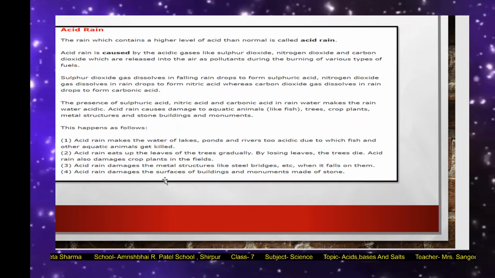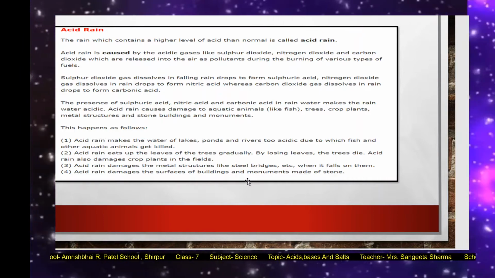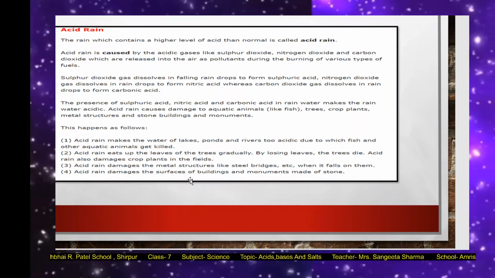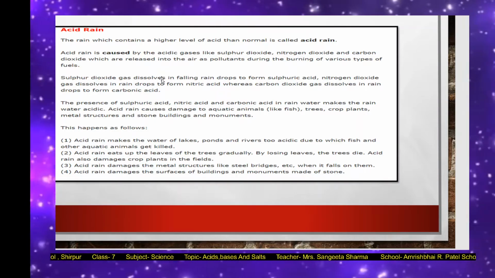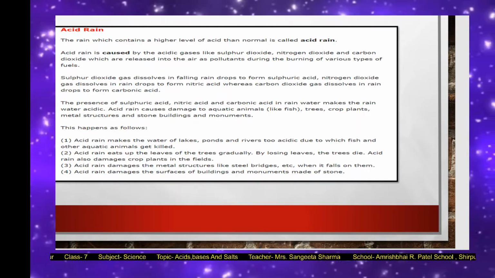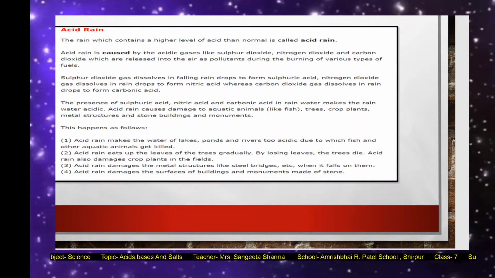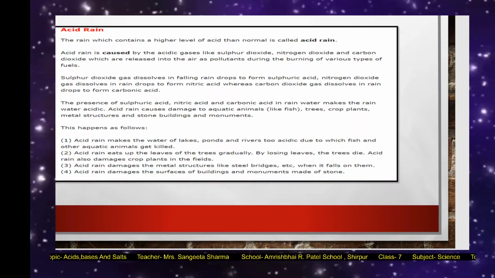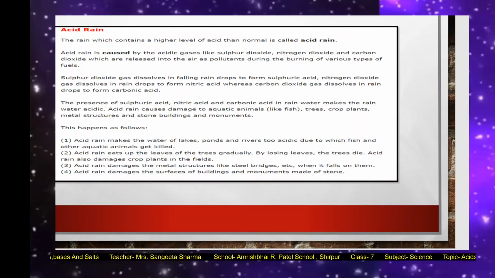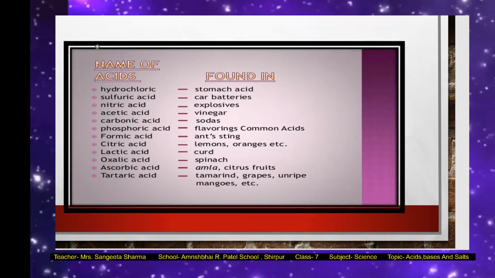Acid rain damages the surfaces of buildings and monuments made of stone. So we have seen many harmful effects of acid rain. That is why we should reduce the amount of sulfur dioxide, nitrogen oxide, and carbon dioxide in the atmosphere. Otherwise, acid rain will destroy many structures.